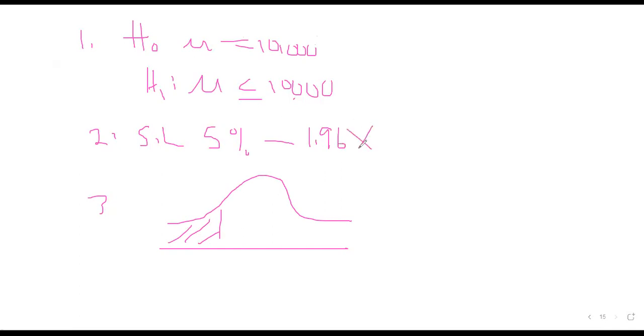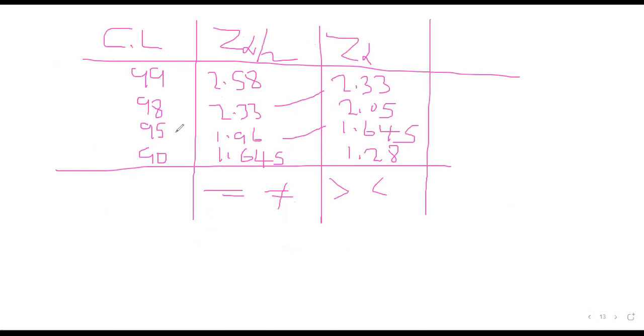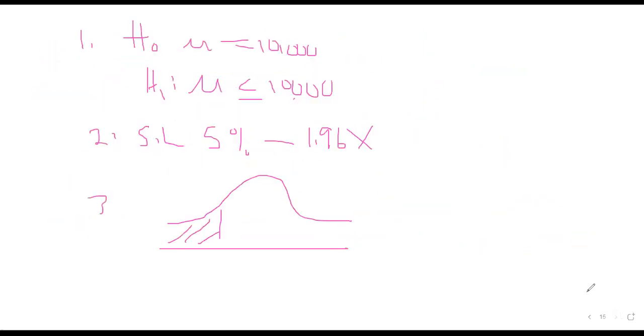This is not going to hold because we're using a single-tailed test. So at 5%, which is 95%, the Z we're going to look at is negative what? 1.645, the one which was for 90% in the other. So this is our critical value. We're going to use a negative because of the less than.